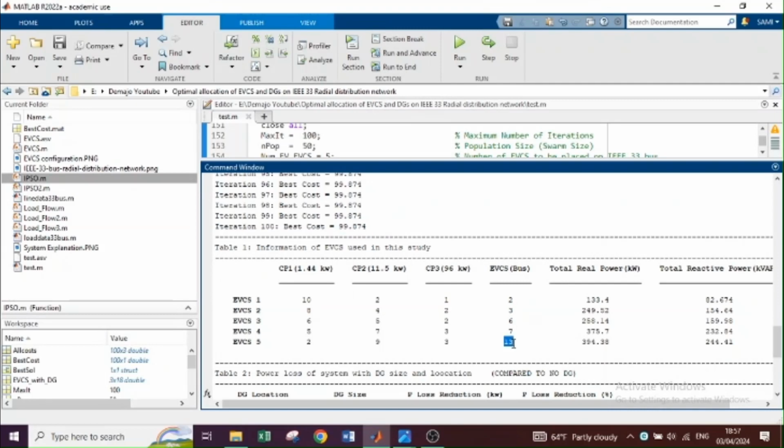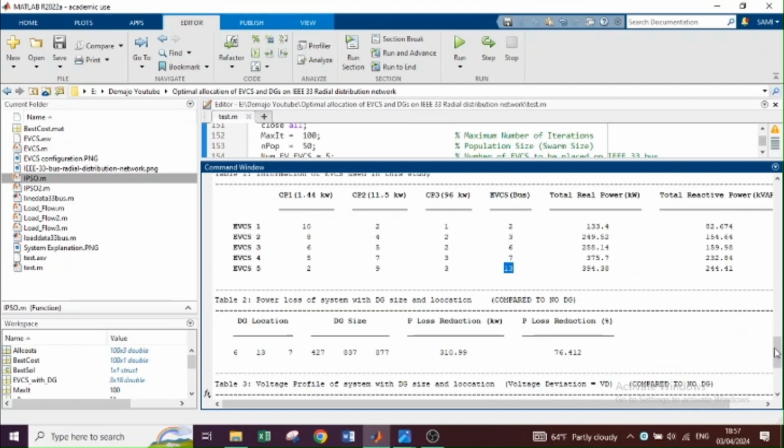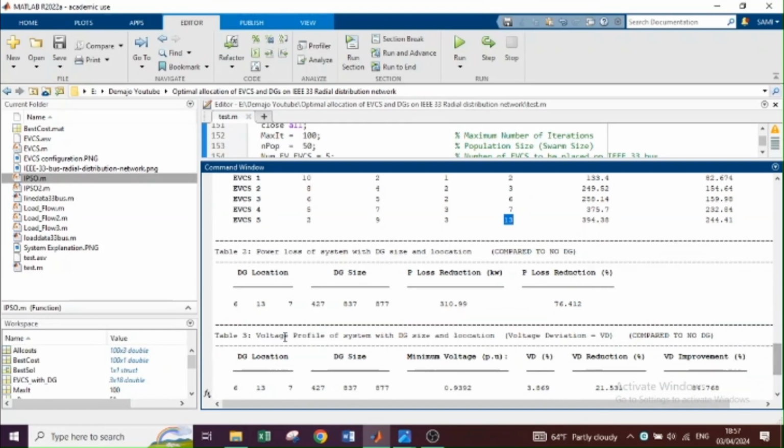Once again, the EV charging station locations are still the same: 2, 3, 6, 7, 13. And we can see that once again, the DG locations are selected as 6, 13, 7. And these are the sizes that the IPSO decided to consider for the first, second, and third DG, which definitely is not the constant size. As you remember, the constant size was 600, 500, and 700.